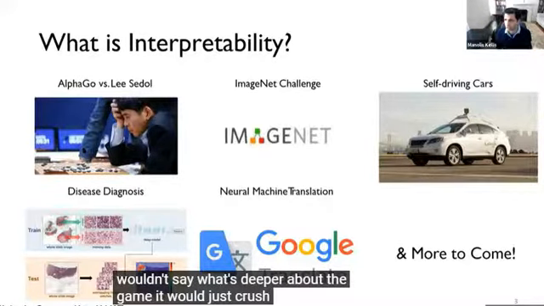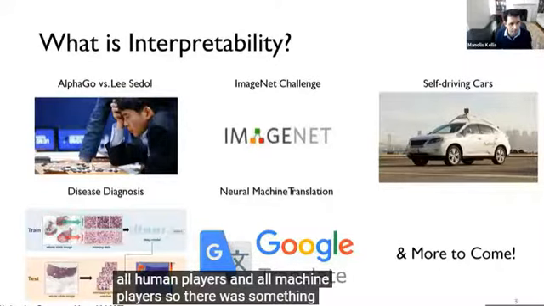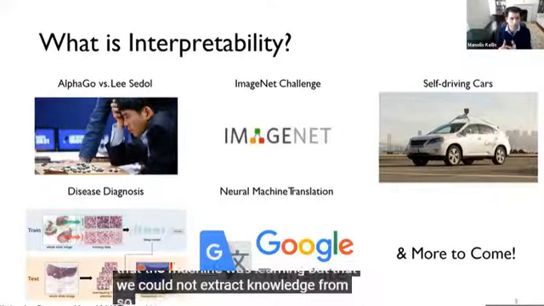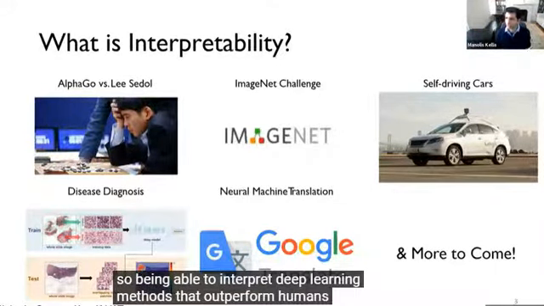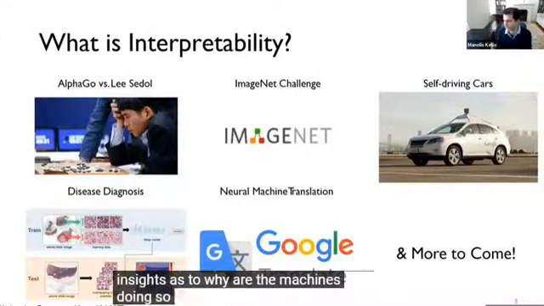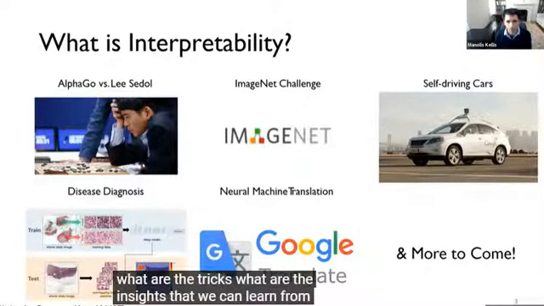It would just crush all human players and all machine players. So there was something that the machine was learning, but that we could not extract knowledge from. So being able to interpret deep learning methods that outperform humans should hopefully give us some insights as to why the machines are doing so much better. What are the tricks? What are the insights that we can learn from that?